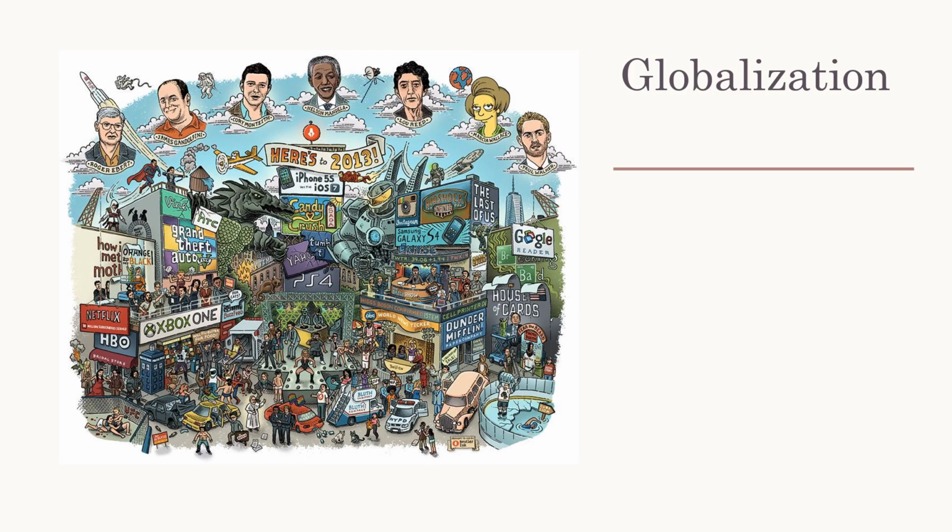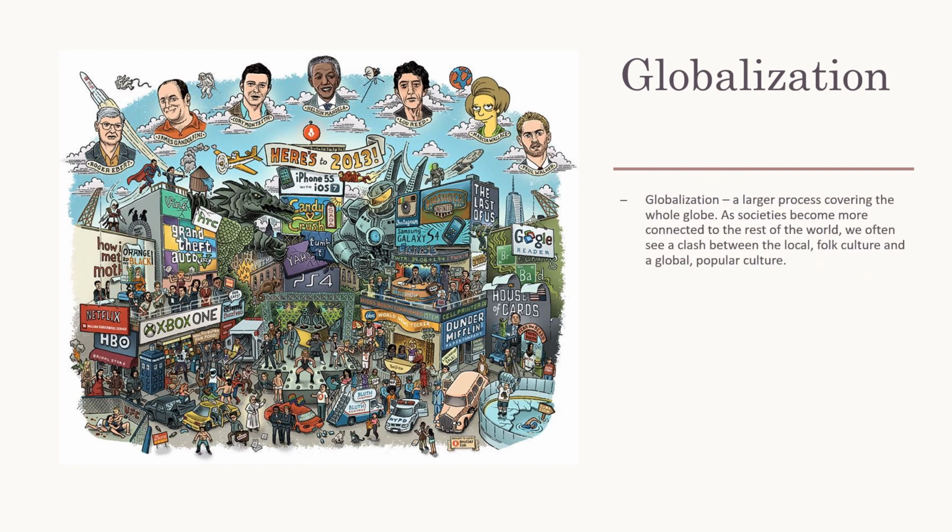The other thing that we see in this process is globalization, right? The idea that a large process covers the entire globe. And again, as societies become more connected to the rest of the world, what we're oftentimes seeing is a clash between our local folk cultures and a global popular culture in relation to, again, linguistic practices, racial differences, gender norms and stereotypes, religious beliefs, and so on.